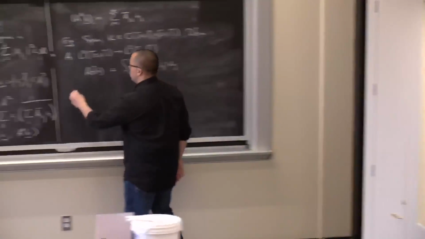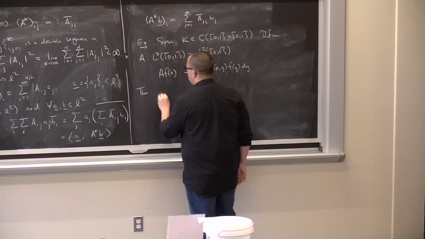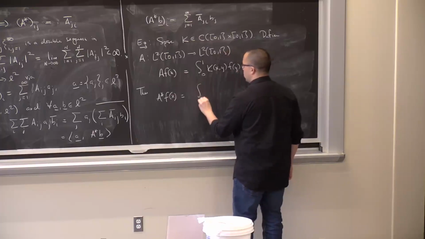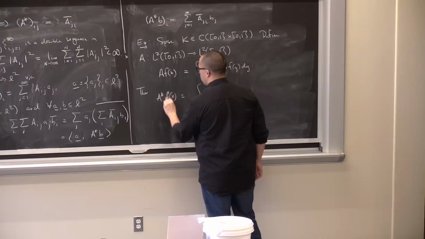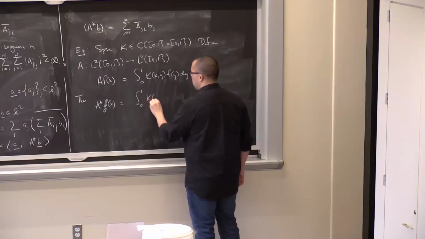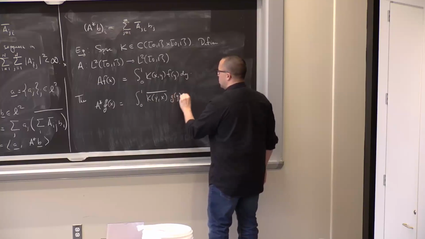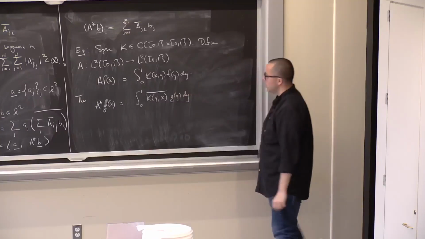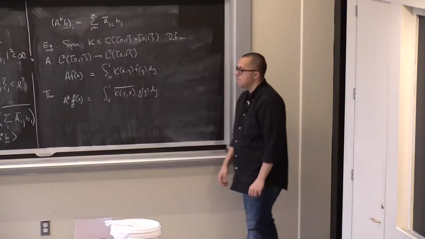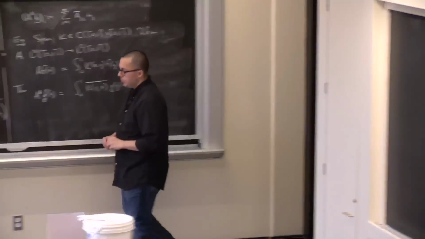Then you can check, just as we've done in these two other examples, that the adjoint applied to g is equal to the integral from 0 to 1 of k of y, x complex conjugate, g of y dy. So again, it's like flipping the indices and taking the complex conjugate. All right?